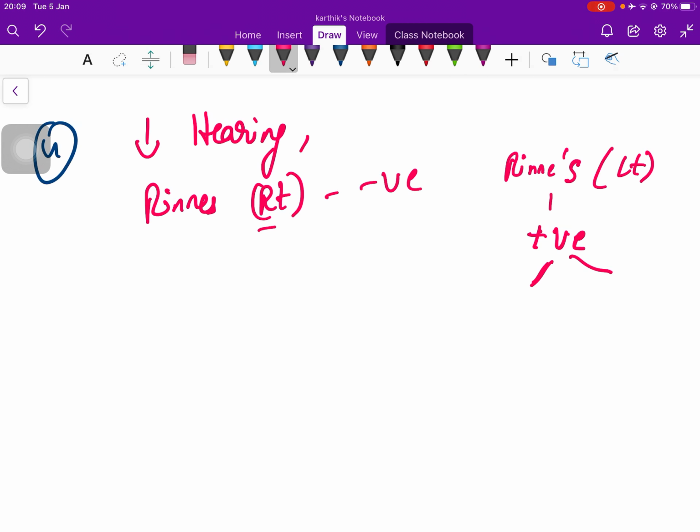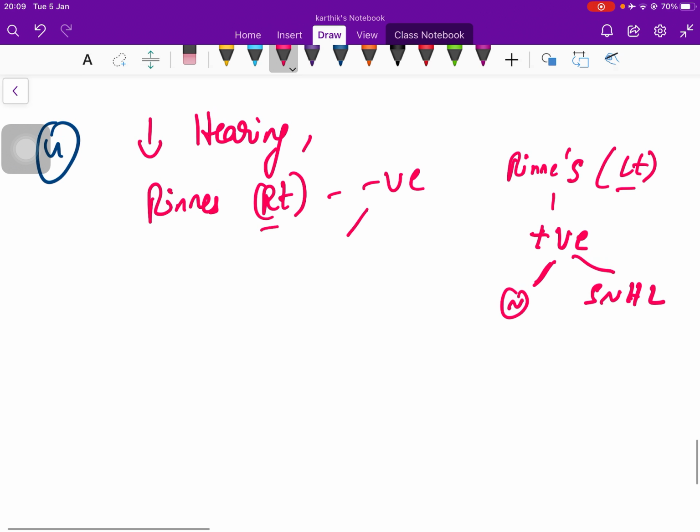So Rinne's on right ear was negative and left ear was positive. If Rinne's is positive, it can be normal ear or sensory neural hearing loss. If Rinne's is negative, it can be conductive hearing loss or sensory neural hearing loss.